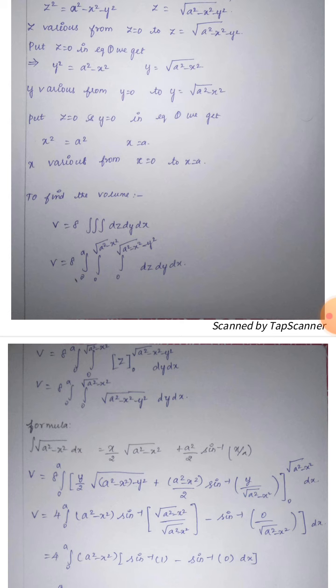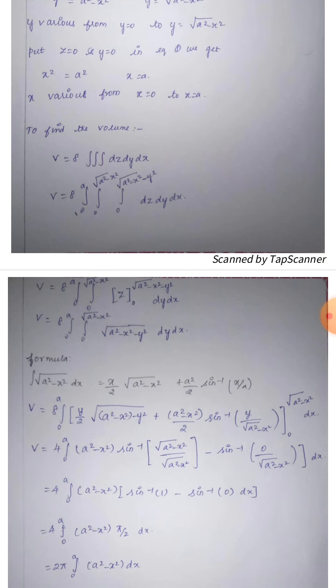We substitute this formula in the above equation, and it becomes V is equal to 8 into the integral over 0 to a of y by 2 root of a squared minus x squared minus y squared, plus a squared minus x squared by 2 sine inverse of y by root of a squared minus x squared, from 0 to root of a squared minus x squared, dx.